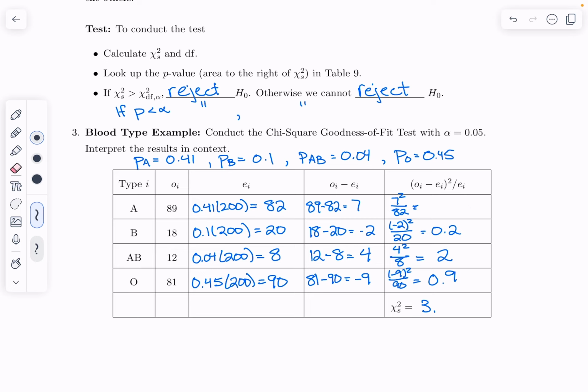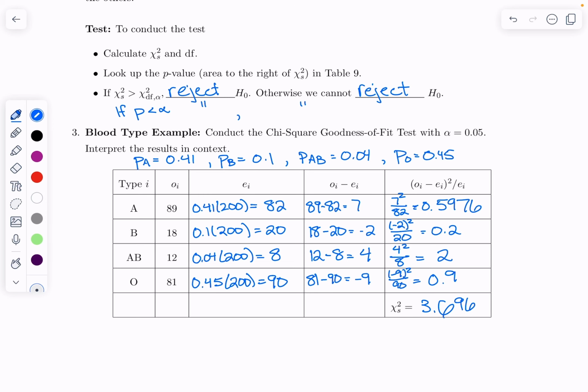It turns out that 49 over 82 is in fact 0.5976. And so if we add up all of the chi-square statistics, the observed minus the expected squareds over expected, we're going to get 3.696. Okay, so that's our chi-square.